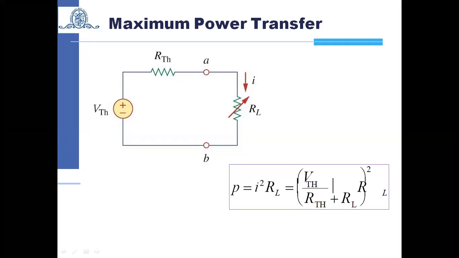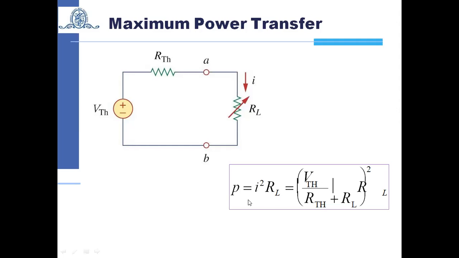So any linear complicated network we can convert into a Thevenin equivalent circuit, where we get a voltage in series with a resistance. When you calculate the value of RTH, and if the Thevenin equivalent resistance is equal to RL, then maximum power will get transferred.